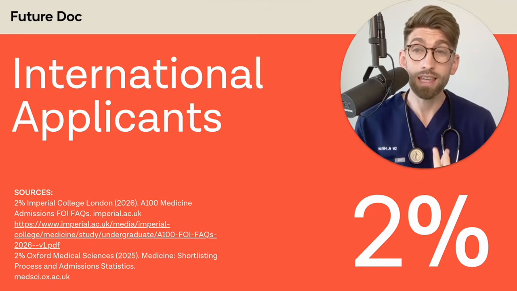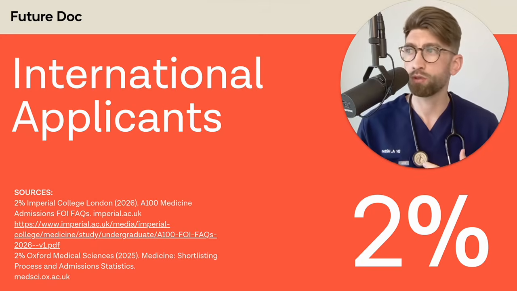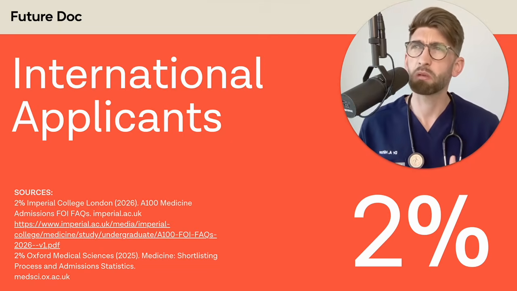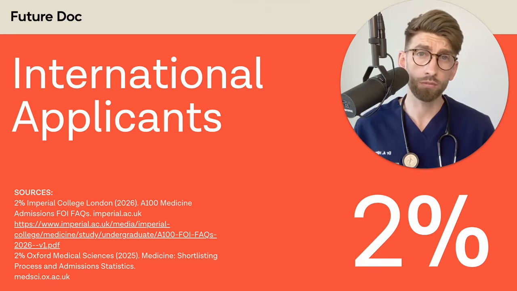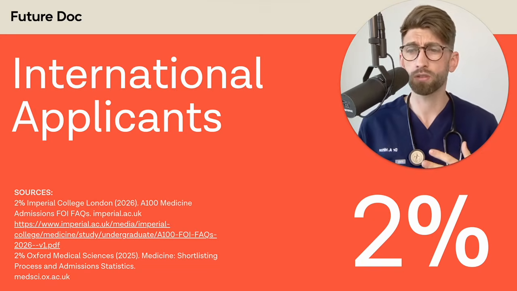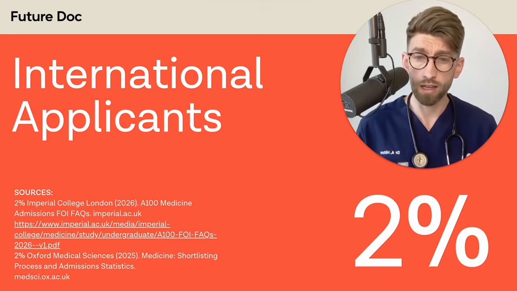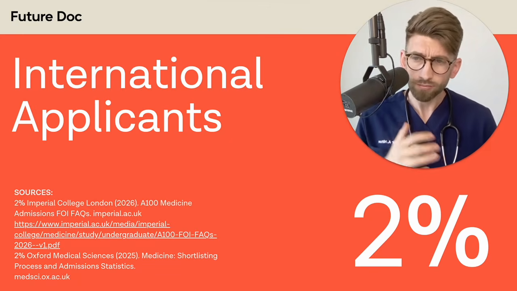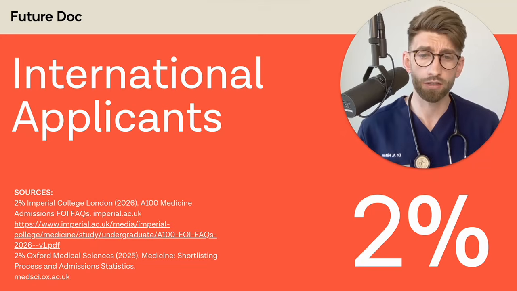So typically you have Imperial College London at about a 2.1% success rate, King's College London about 2.7%, Bristol quoting about 2%, and Oxford also quoting 2% in these sources. So 2 to 3% for internationals is typical.